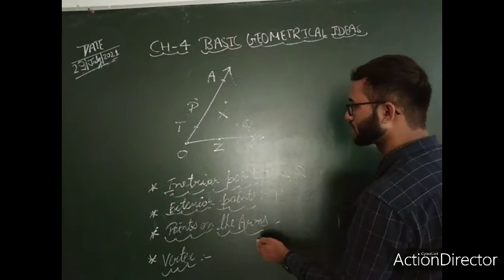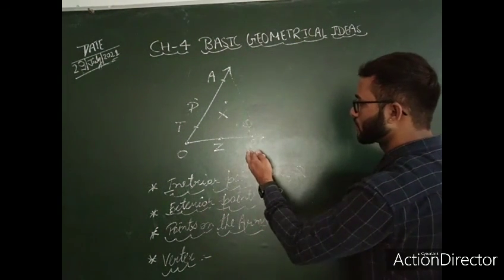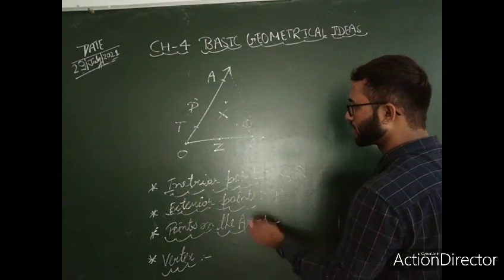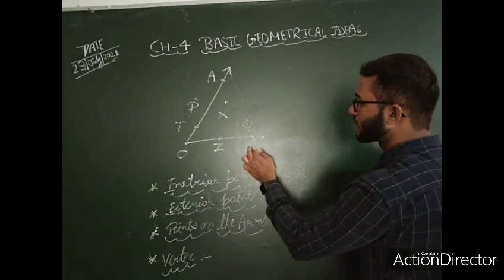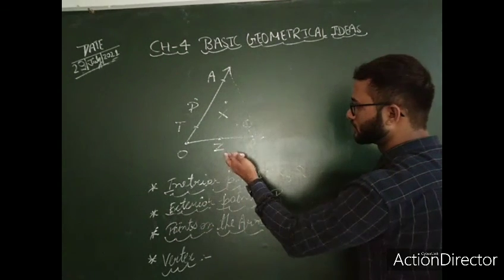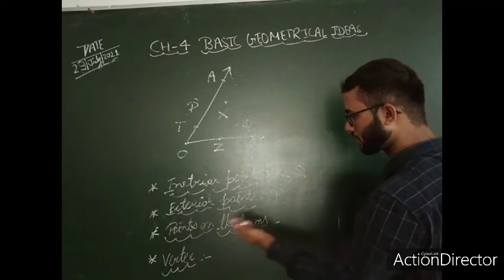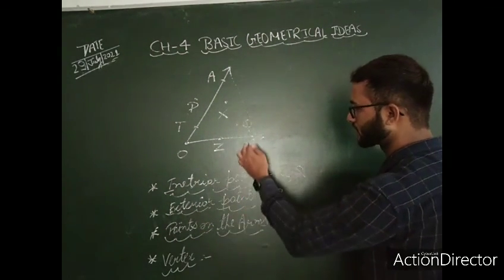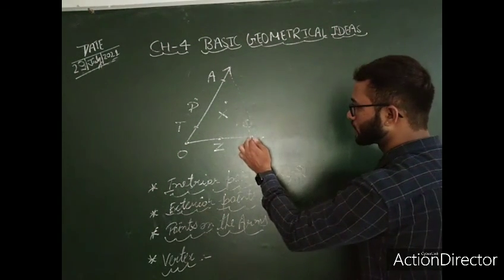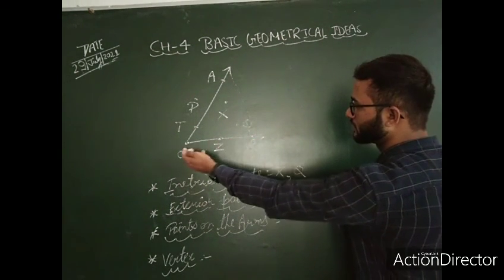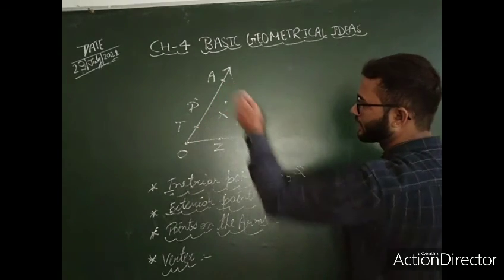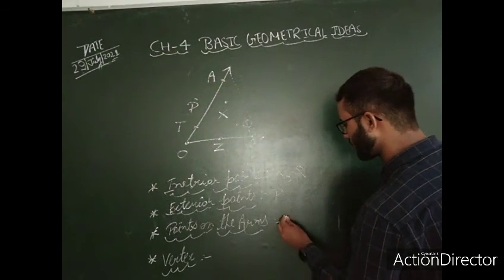Now points on the arms. Points which lie on the arms are known as points on the arms, and we say that these points lie on the arms. So B, Z, O, T and A are the points which lie on the arms.